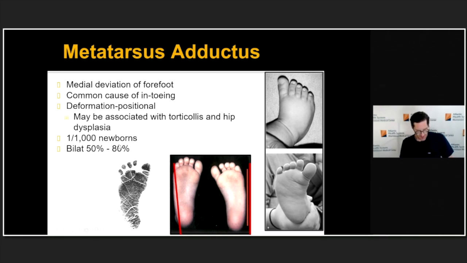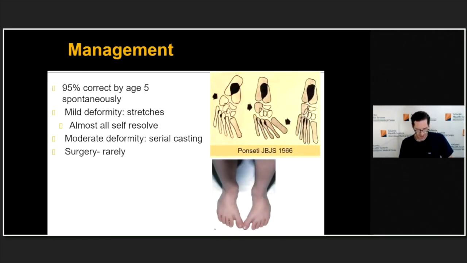The incidence of Metatarsus Adductus is 1 in 100,000 and is bilateral 50 to 80% of the time. The management is usually gentle reassurance of the parents and observation, because about 95% of these will correct spontaneously by the age of 5.